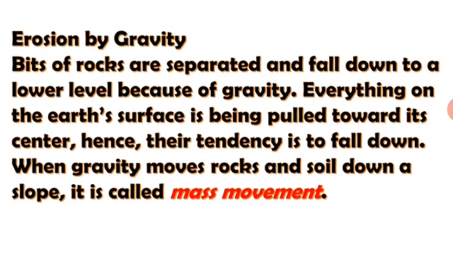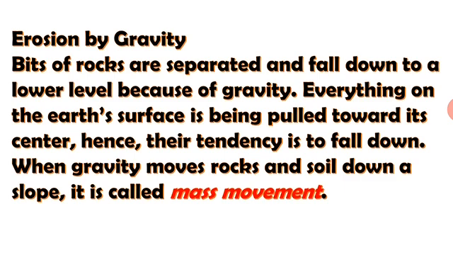Next is erosion by gravity. In erosion by gravity, bits of rocks are separated and fall down to a lower level because of gravity. Everything on the Earth's surface is being pulled towards its center, hence their tendency is to fall down.